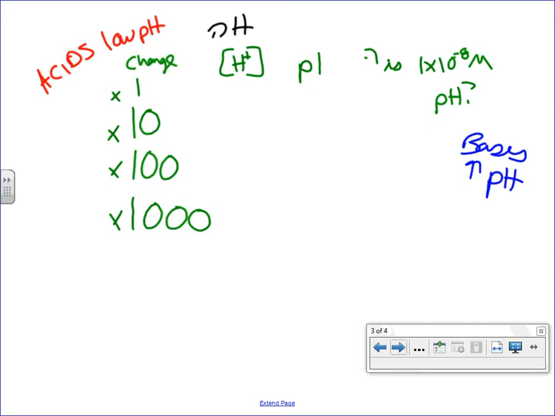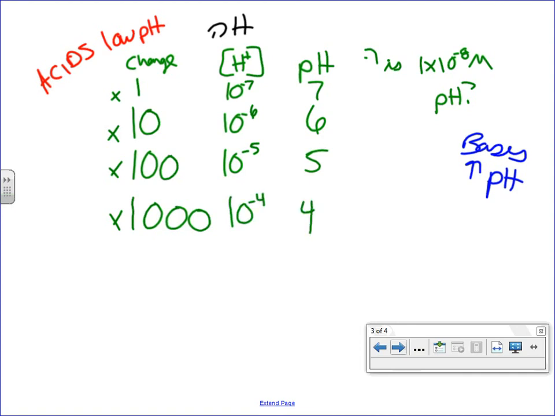Here's my pH. As my H plus concentration starts at, let's say, 1 times 10 to the negative 7th, my pH here is 7. If I increase that by a factor of 10, 10 to the negative 6, my pH goes down 1, okay? If this becomes 10 to the negative fifth because it's increased from this initial by 100, my pH goes down 2. And 10 to the negative fourth, my pH is going to be 4.